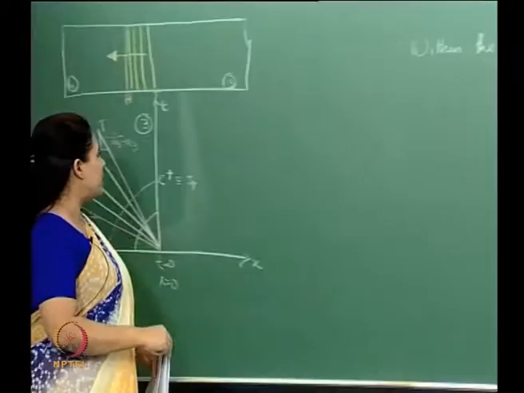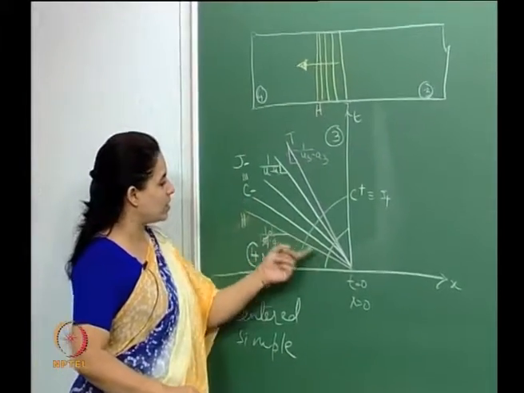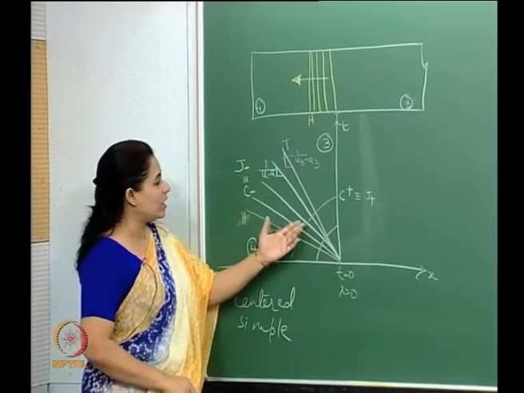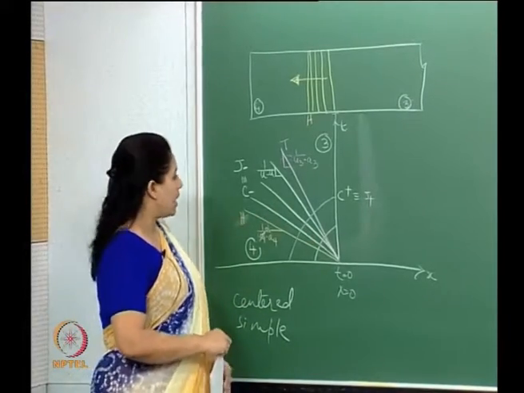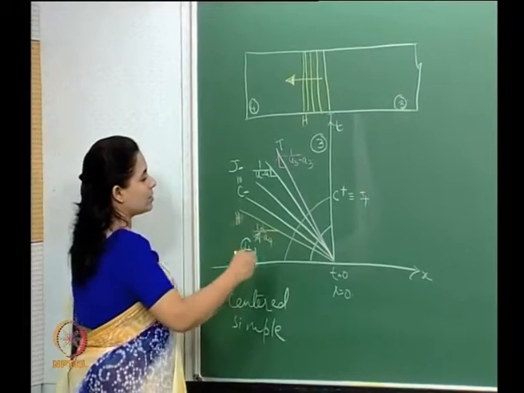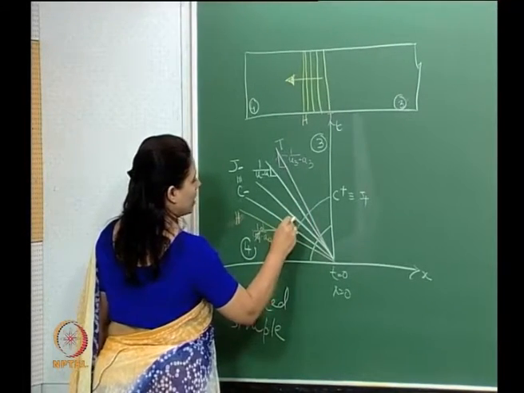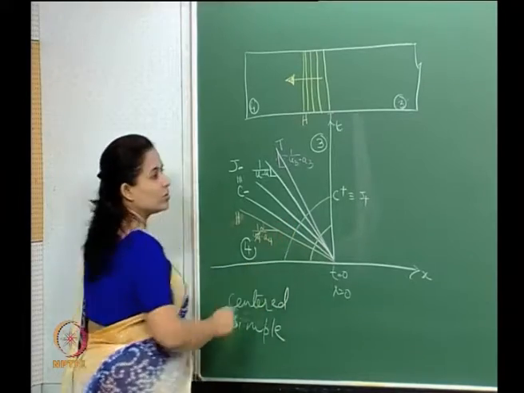Which means that I can take any point out here for any positive characteristic, and I will have the same J plus. Let us apply this for a point within the expansion fan and a point in, say, region 4.